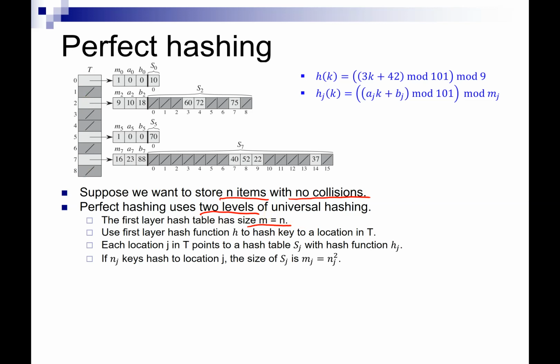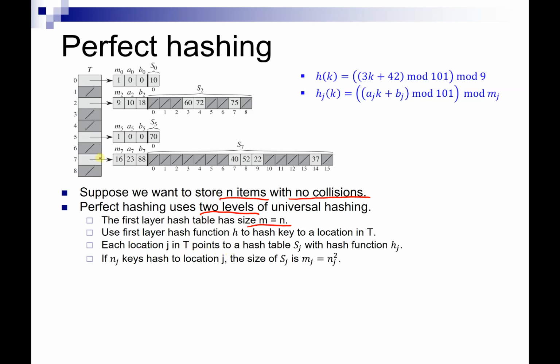In the first layer, we're going to have just a hash function, and the hash function is going to come from a universal hash family. It's going to hash each key to a location in this hash table of size m, where m equals n. Now, at each of these locations, we're going to have another layer of hashing.